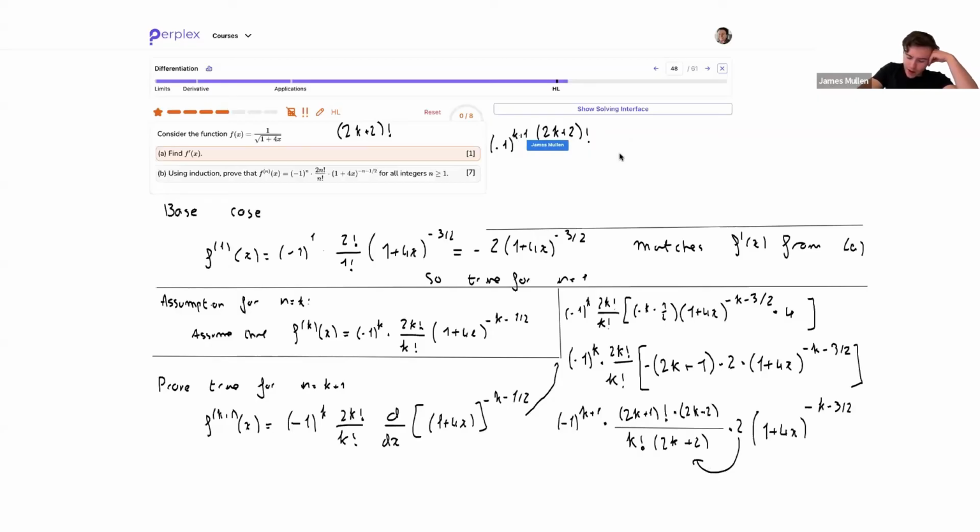And that is being divided by k factorial times k plus 1, that's k plus 1 factorial. And then that's times 1 plus 4x to the power of negative k minus 3 over 2, which I'm going to write as negative k plus 1 minus 1 over 2. And that is the statement for n is equal to k plus 1. So the statement is true.